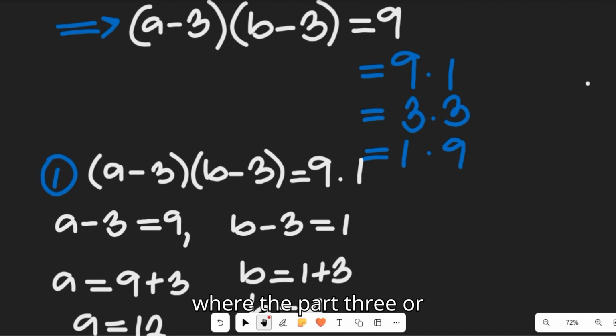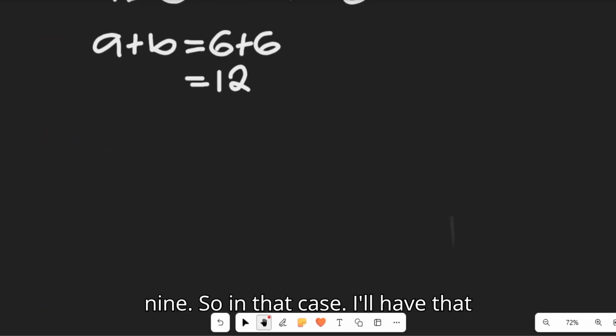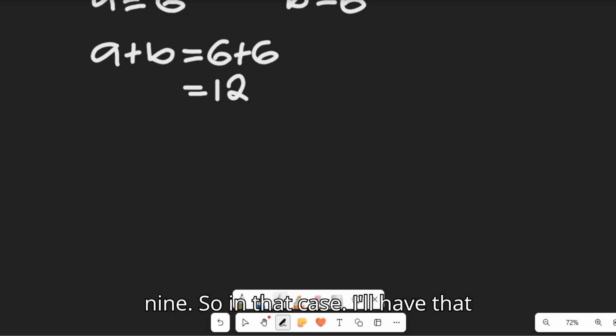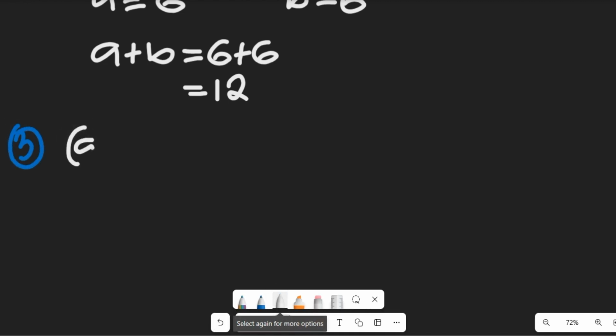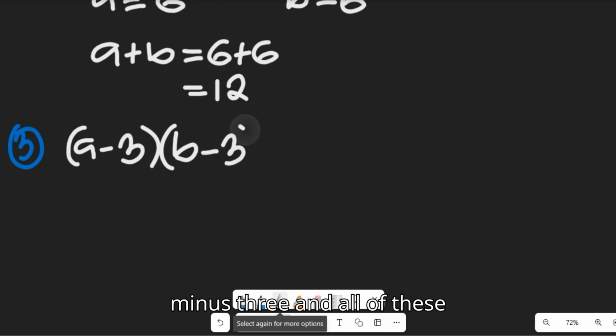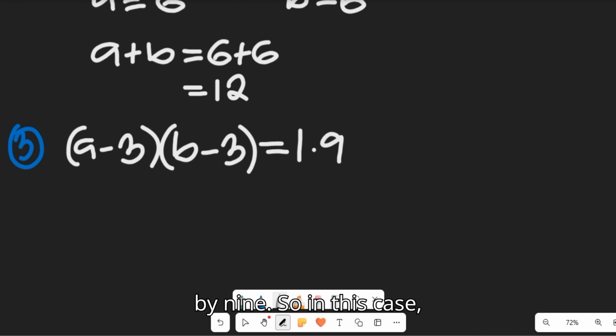Now we're going to analyze the part 3 or case 3, which is a minus 3 multiplied by b minus 3 equal to 1 multiplied by 9. So in that case, we'll have a minus 3 multiplying b minus 3, and all of these will be equal to 1 multiplied by 9.